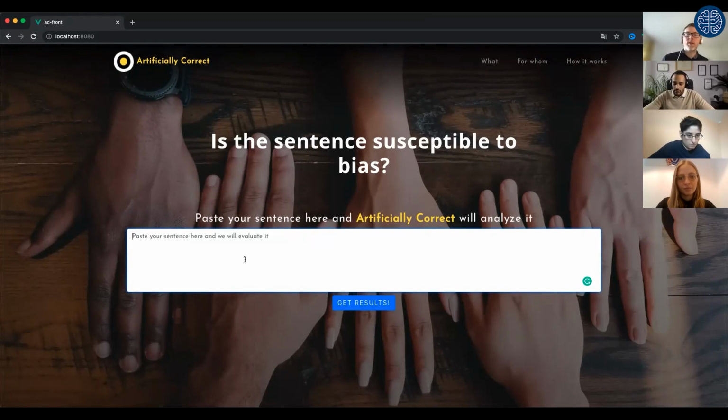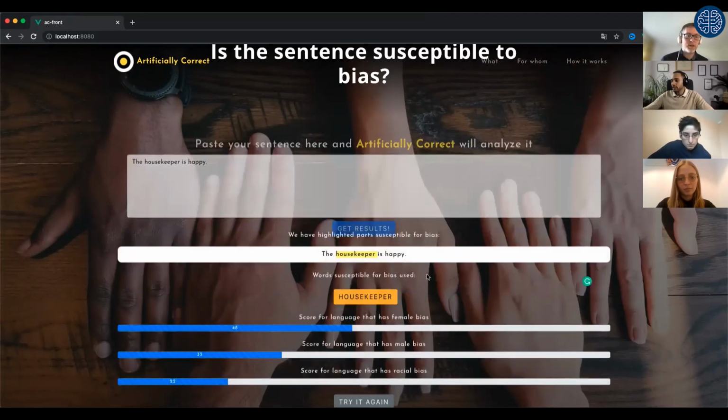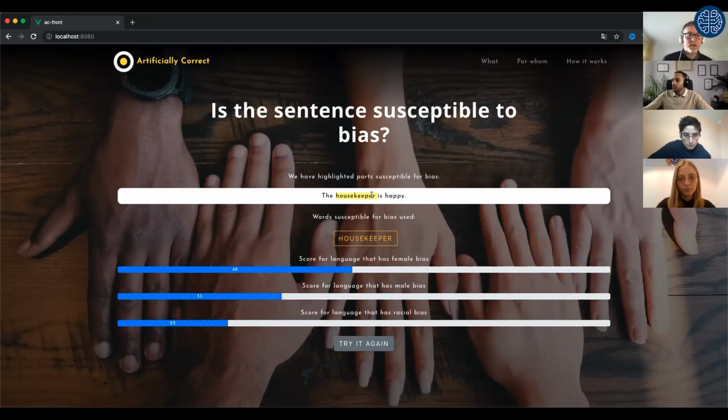You can just type in things. So Simon, I remember you gave a sentence earlier, the housekeeper is happy. If I put that in here and click on get results, I would see that this flags the housekeeper.